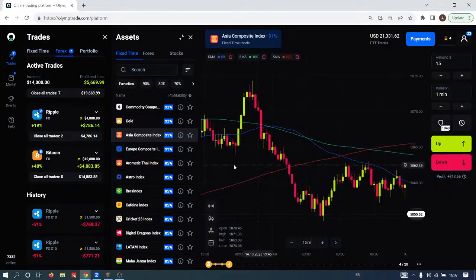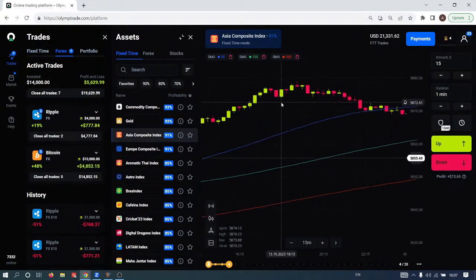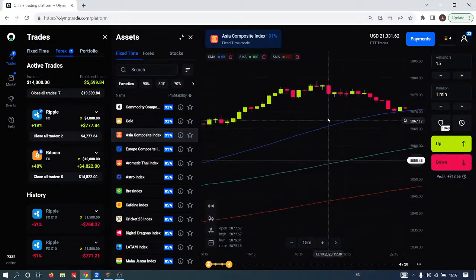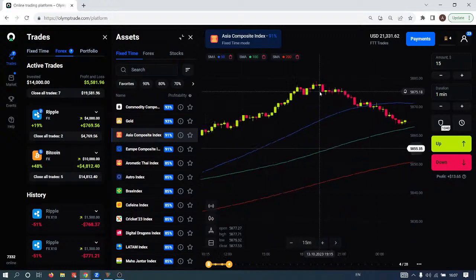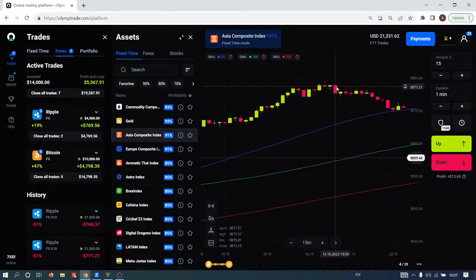It can be a downtrend, it can be an uptrend, but look, a perfect example here once again. Asia Composite Index, going upwards, a classic pin bar pattern, and from there we also have this. I don't really know the proper word to say this in English.